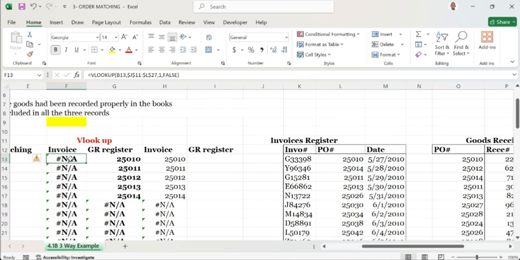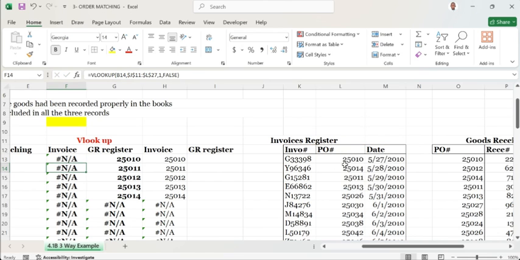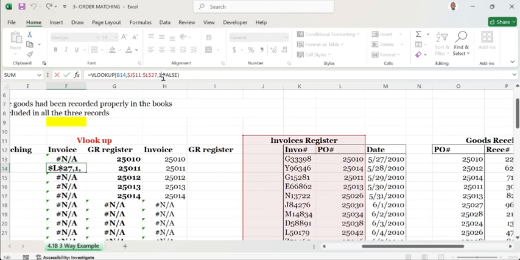And you lock. Comma. You say the column index should always be 1, comma, approximate match, enter. Then you drag it. Is it the same? Yes. So which one do you prefer?